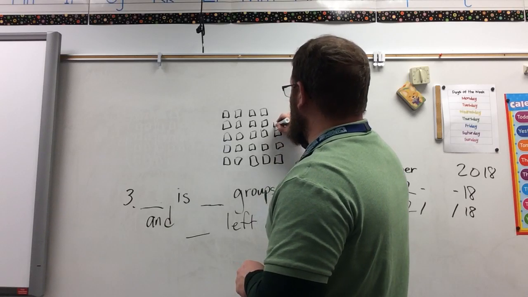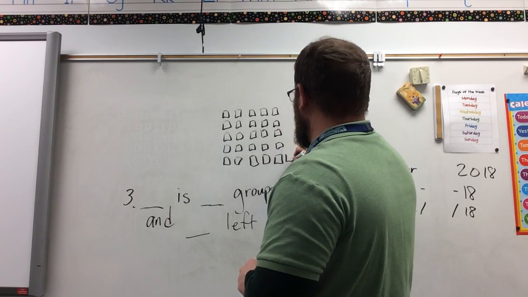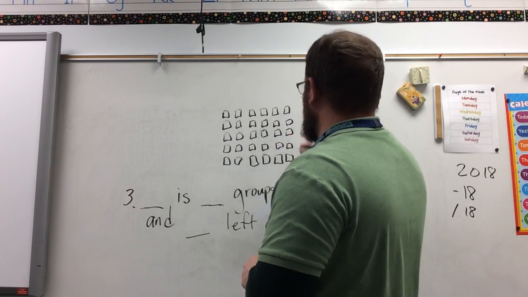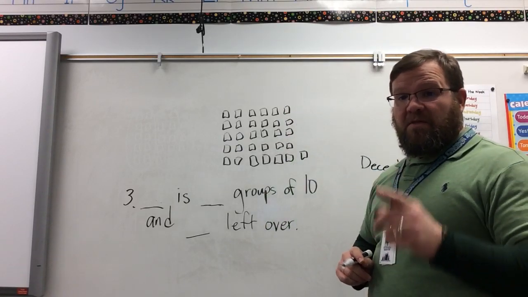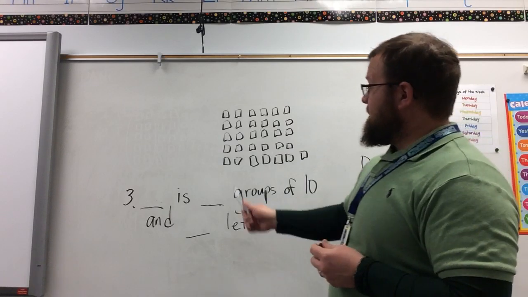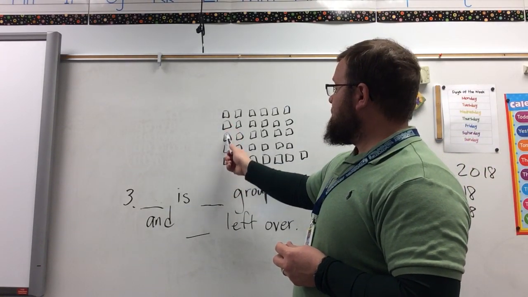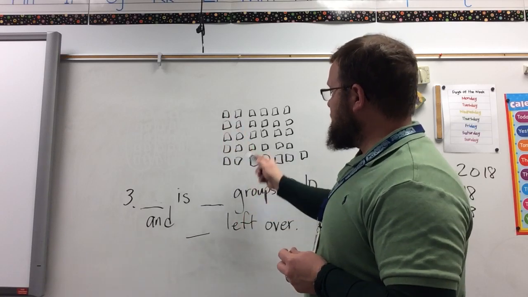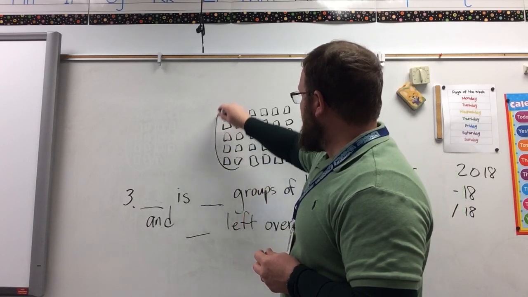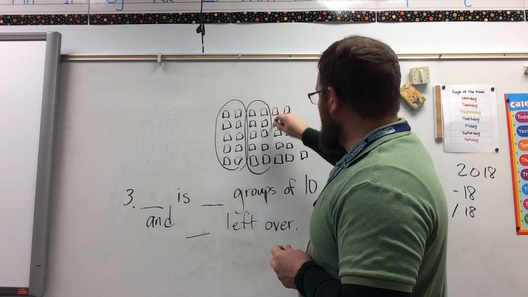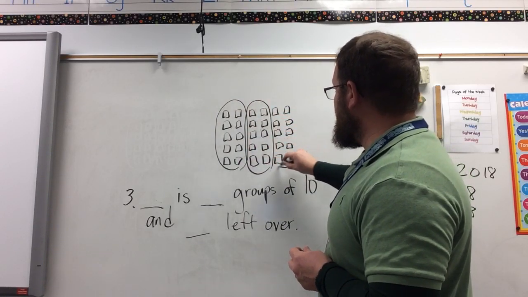It does take a little while for me to do this, though. Okay. So, let's find our groups of 10. And let's look. How many in each column? Same as before. 3, 4, and 5. So I know that 2 columns are my groups of 10, and I'm going to circle my groups until I can't circle any more 10s.